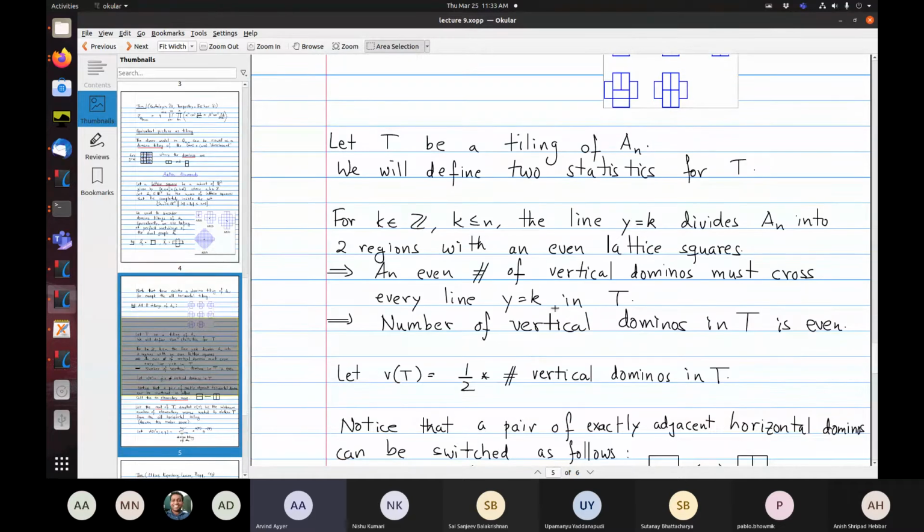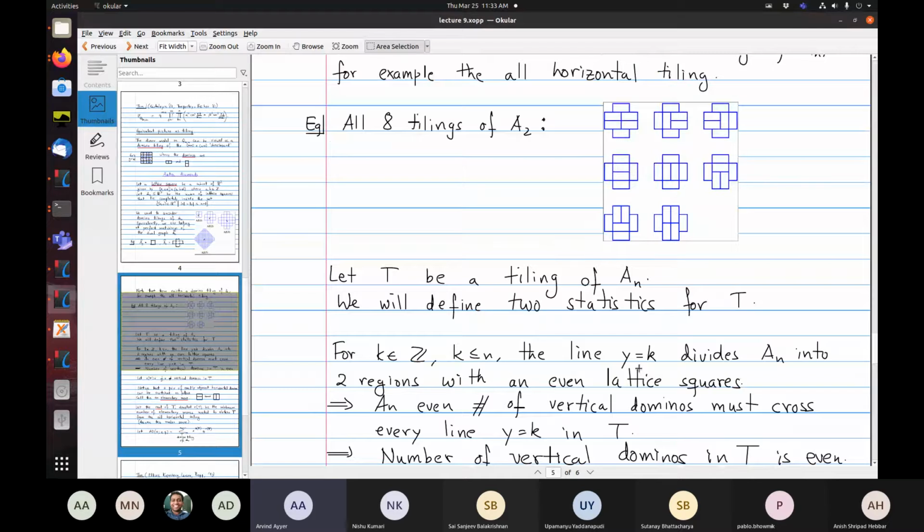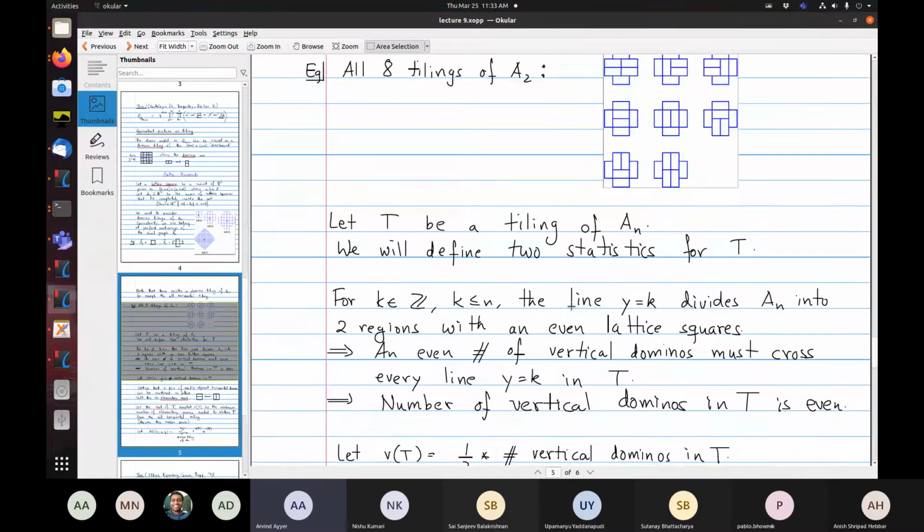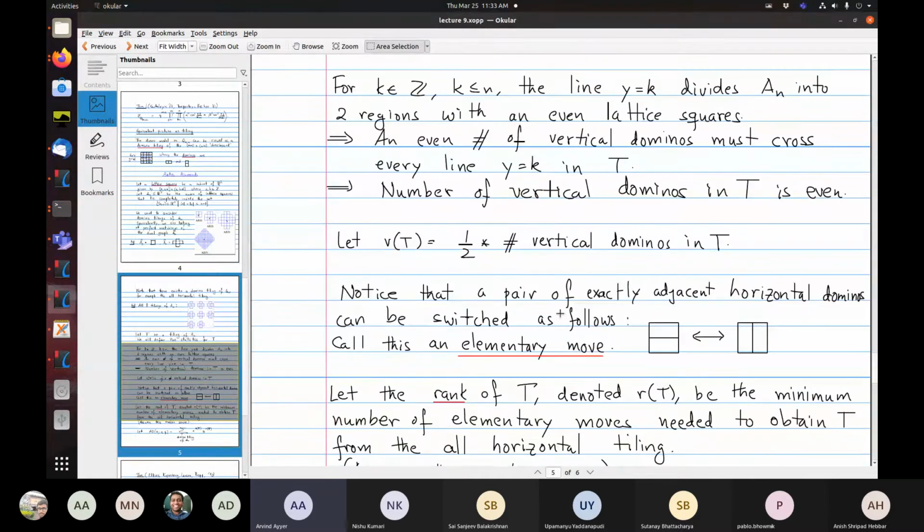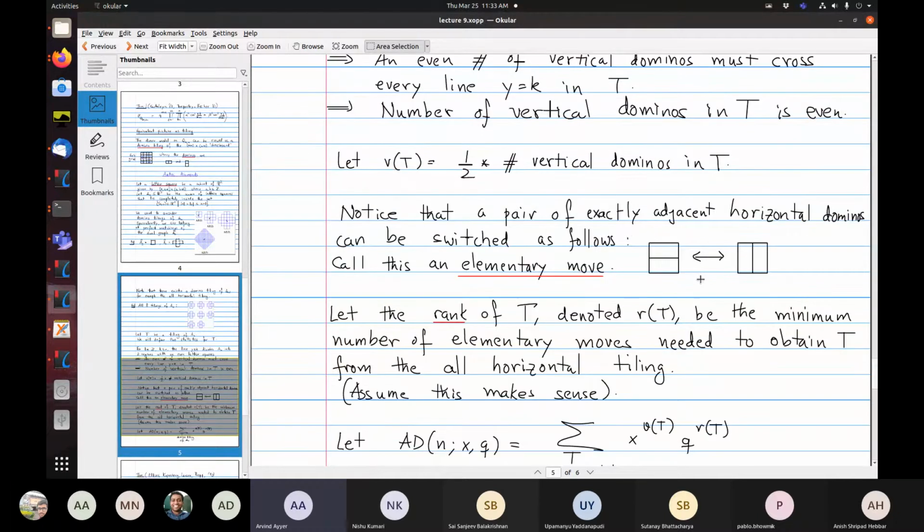One is half the number of vertical dominoes in a tiling. So we argued that the number of vertical dominoes is always even, and then we defined this concept of a rank, which is the minimum number of elementary moves of the form two exactly adjacent horizontal dominoes going to two exactly adjacent vertical dominoes.